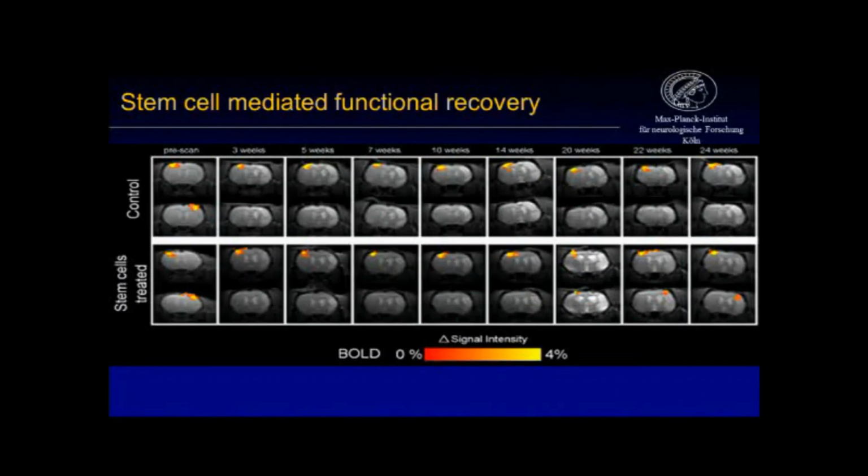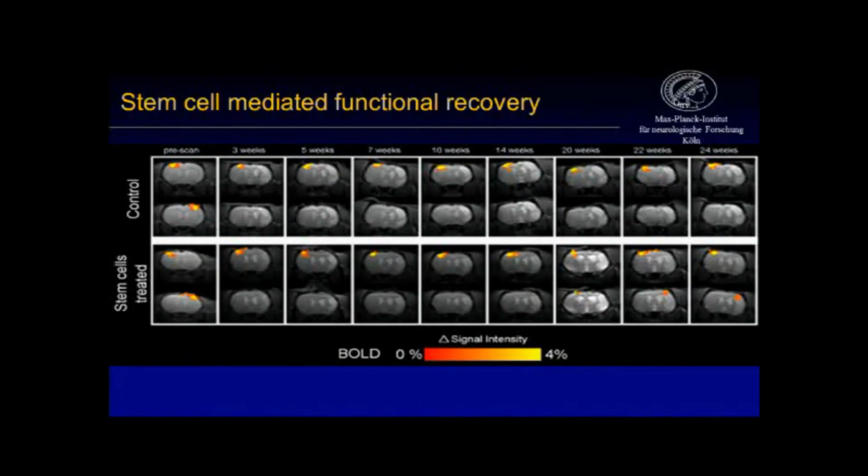So here, over 6 months, we have on the ischemic side no functional activation due to the stimulus, whereas in this case where we've treated the animal with stem cell implantation after 3 weeks, we have to be patient, but then after about 14 weeks or longer, slowly some activation is coming back that is increasing further and further in intensity, and thus shows you that there must be some functional recovery due to the treatment in that case also.